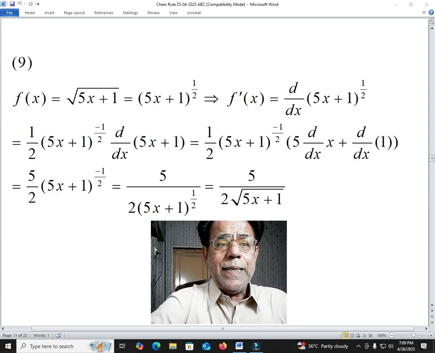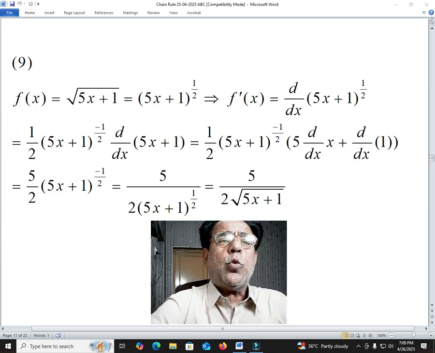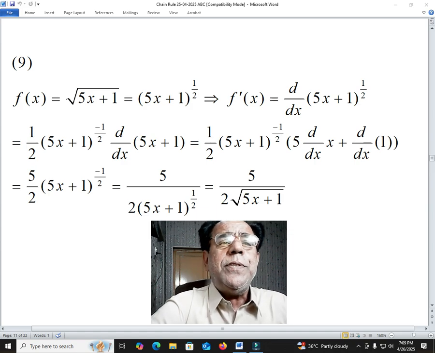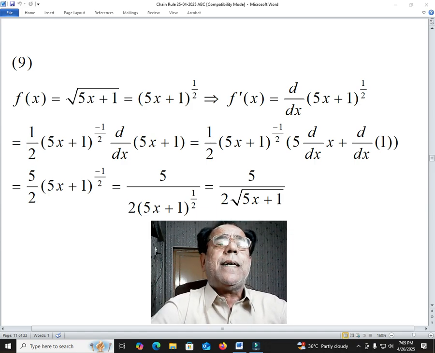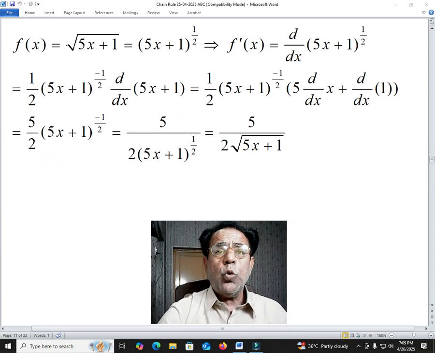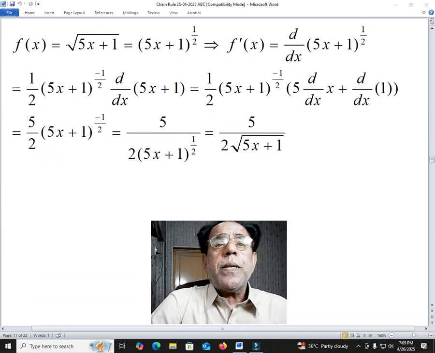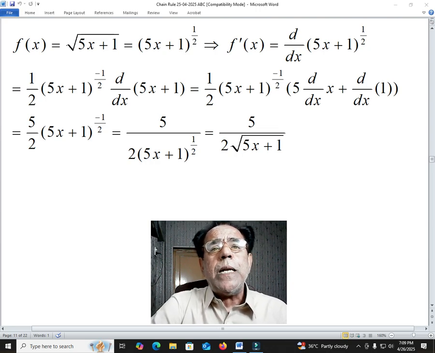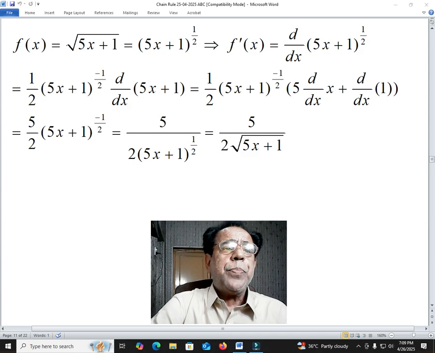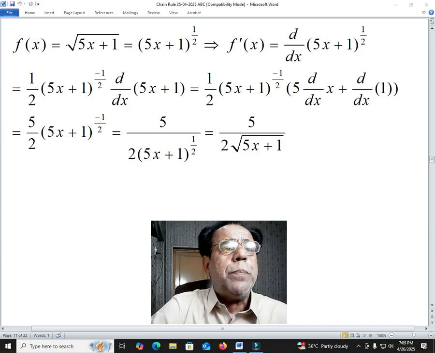Moreover, the second term, which is 1, is a pure constant, so it will give 0 result, because it is not being multiplied with any x or x square or x cube. Its differentiation will become 5 into 1 plus 0. Okay, so we will get 5 over 2, (5x + 1) raised to power minus 1 by 2.